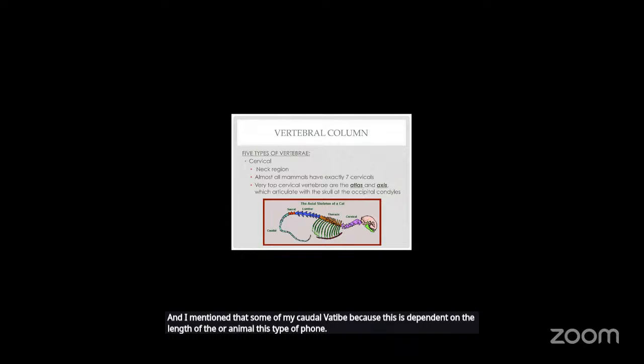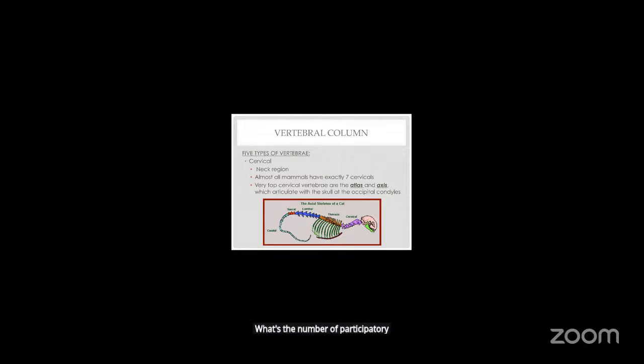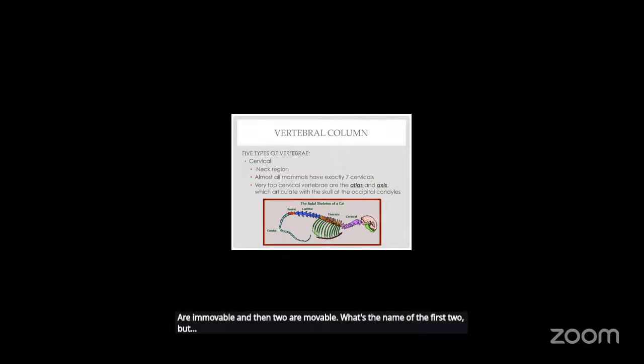What's the number of cervical vertebrae we have in man, for instance? Four? No, that's not correct. It's 7. 7 cervical vertebrae. Out of these 7, 5 are immovable and 2 are movable. What are the names of the first 2 cervical vertebrae that are movable?